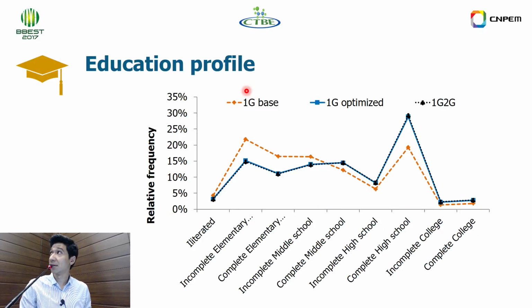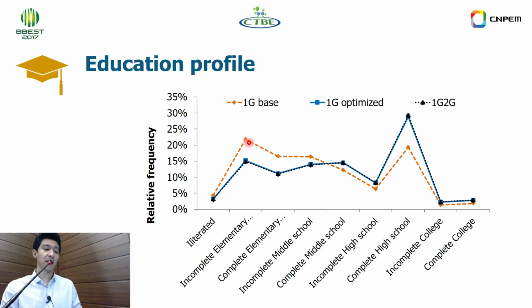This is more clear when talking about the education profile. For example, the sugarcane cutter is contributing the most to this result of the orange line because 1G base depends on the agricultural worker. What we see is that basically the sugarcane cutter has an incomplete elementary school.